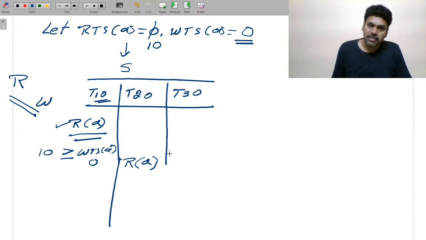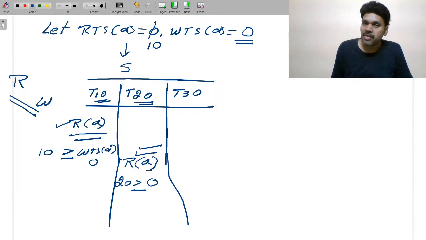Here also the same validation we are going to perform. That is, your requested number is 20. This one I am talking about, 20 is greater than or equal to your 0. Therefore you allow this. Soon after you allow this, your RTS value will be updated to 20 because this is a successful transaction number. Then after that, T30 requested read of A. Again same story.